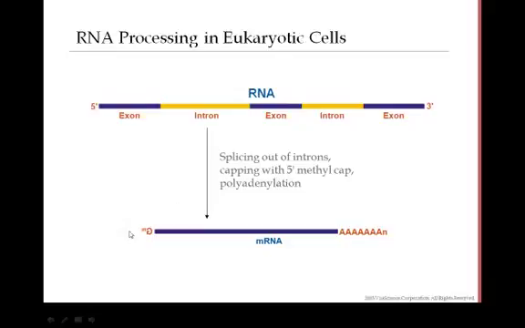In addition to that, there's something called a 5' methyl cap that gets put on the mRNA, as well as a 3' poly A tail. And so RNA processing in eukaryotic cells occurs to ensure the integrity of the mRNA that's going to exit the nucleus and enter into the cytoplasm and serve as a template for protein production.